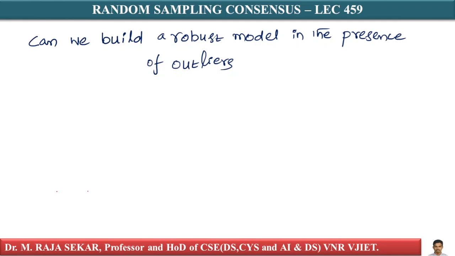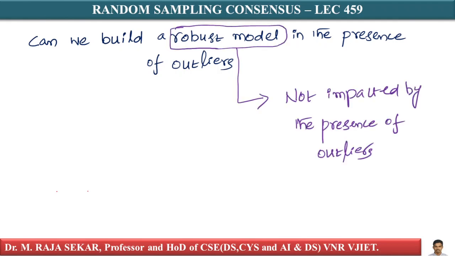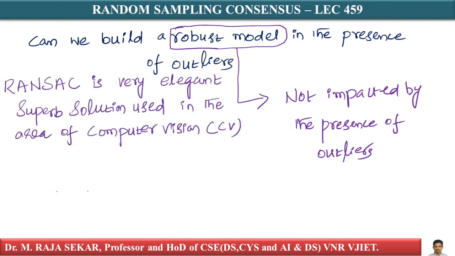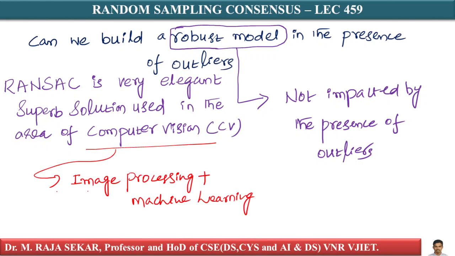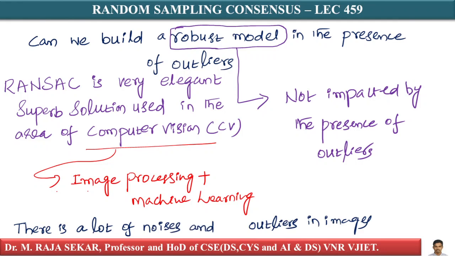RANSAC is a very elegant, superb solution used in the area of computer vision, which is the intersection of image processing, which is about processing images, and machine learning, because there is a lot of noise and there are outliers in images.